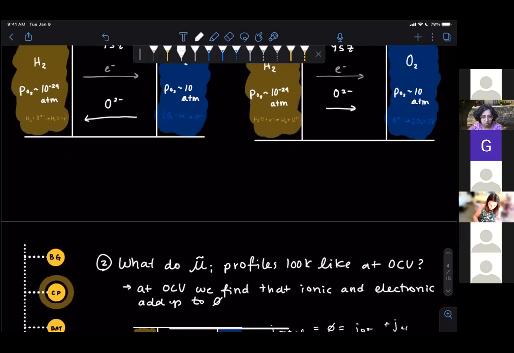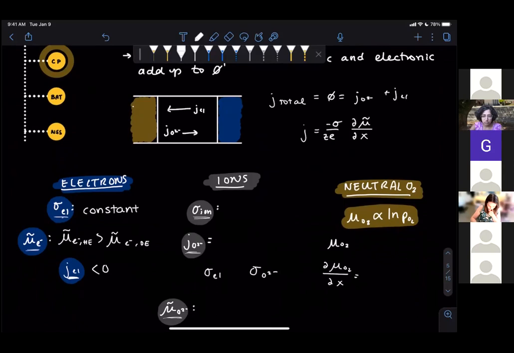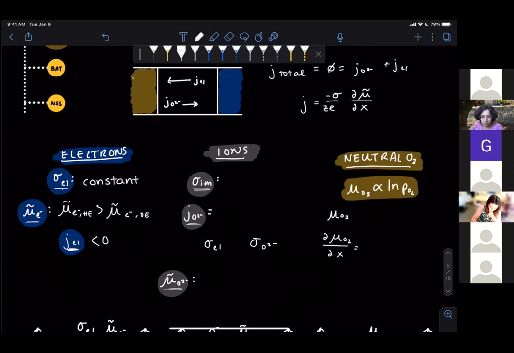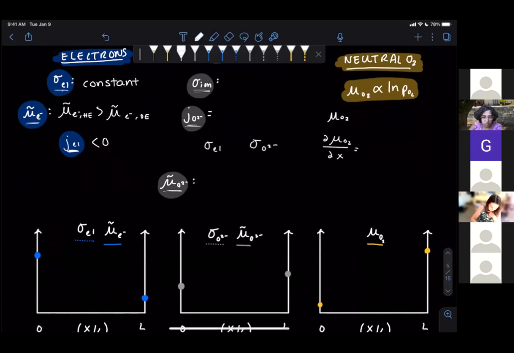So we said before electronic current is going from left to right. I'm going to say that right to left in the discharge case for the O2 minus is going to be a positive current. So the current of the electrons is going to be less than 0.